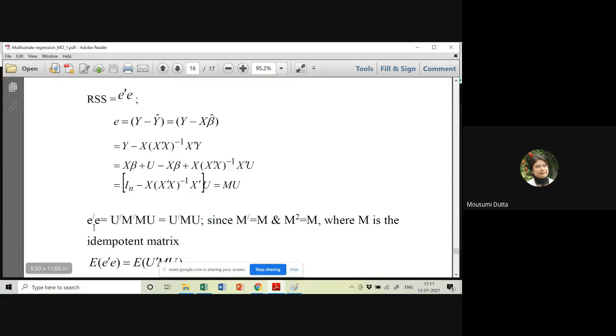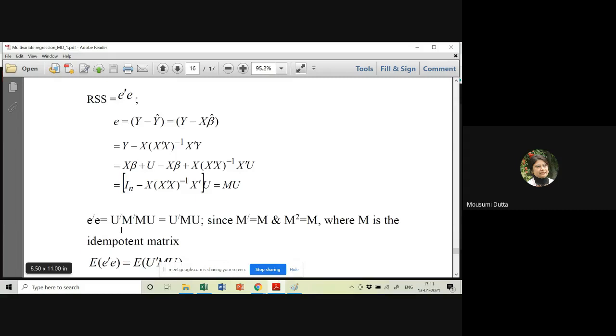So I can write e transpose e, the RSS, as u transpose M transpose Mu, because e is equivalent to Mu.